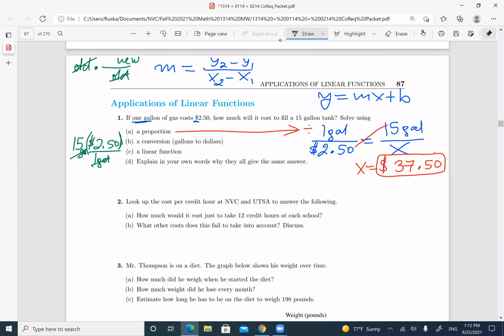The same way, you're changing gallons to a dollar amount. So you cancel the gallons and you're left with $37.50 because you multiply 15 times 2.50. Okay? Then we're going to set up a linear equation. So how are we going to set up a linear equation?